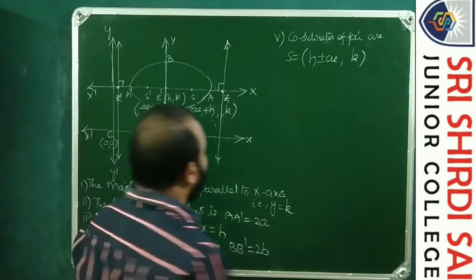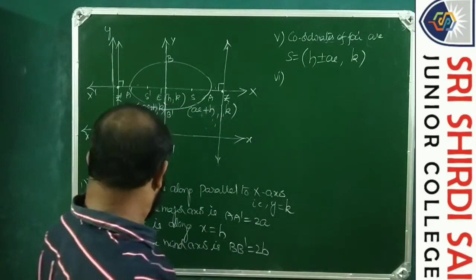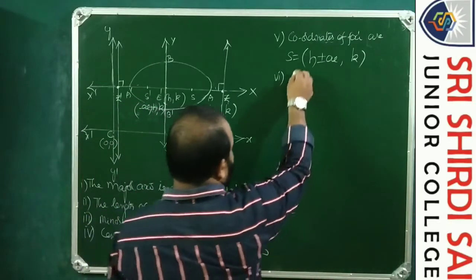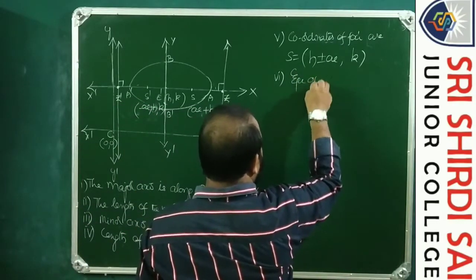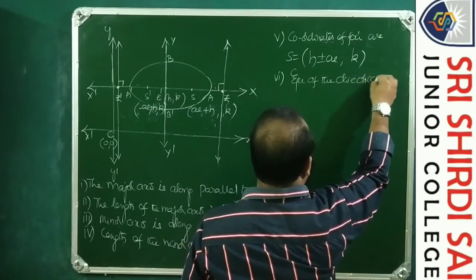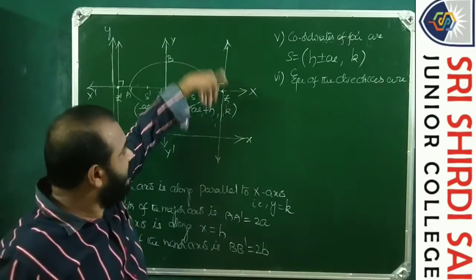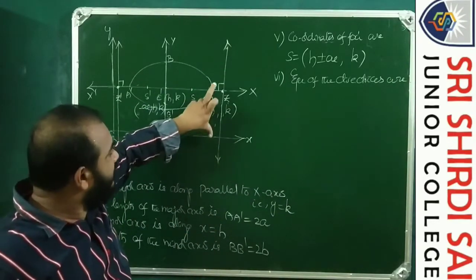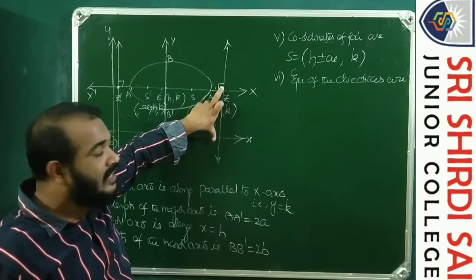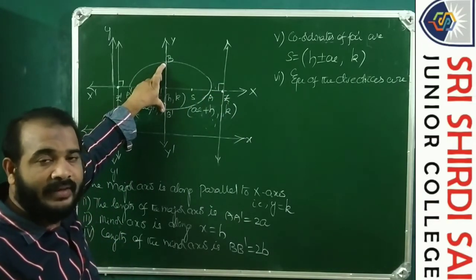Okay, and so equation of the directrices. Earlier this line, this is the equation of the directrix. Any line which is parallel to y axis is of the form x equals to something.